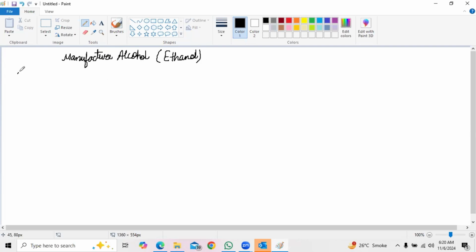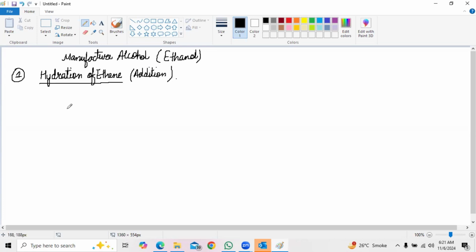So first of all, there is one reaction that we have already discussed, which is hydration of ethene. I hope you remember this reaction. We have done it in alkenes. This is basically an addition reaction. We know alkenes undergo addition reaction.